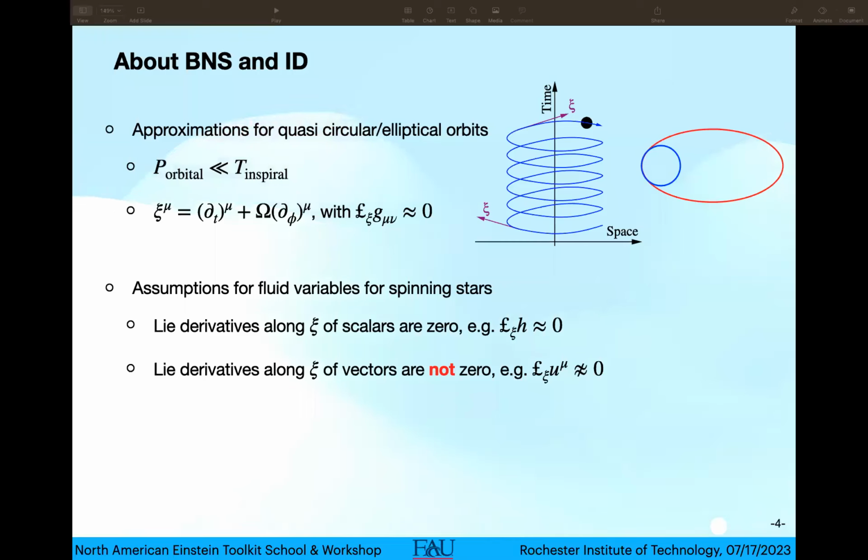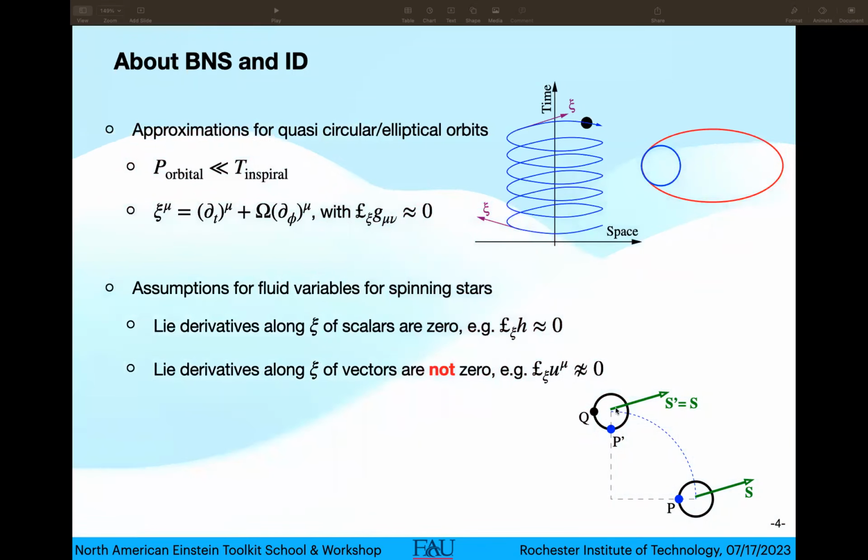And now let me explain why. Let's have a look at this picture. Let's assume that's the state of the neutron star at some moment. Now we have a spin, so we are talking about the case with a spin. These green arrows point in some direction in space, and let's pick some point P, like over here. After some time, we can assume that the star will be somewhere else. The spin is supposed to be oriented in the same direction in space.